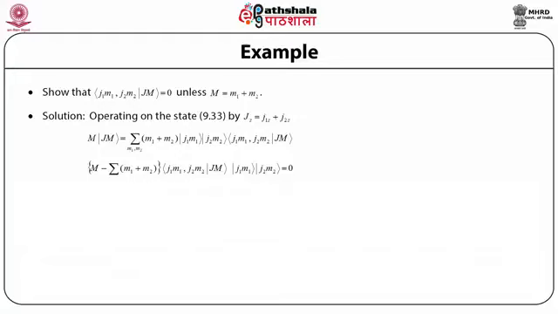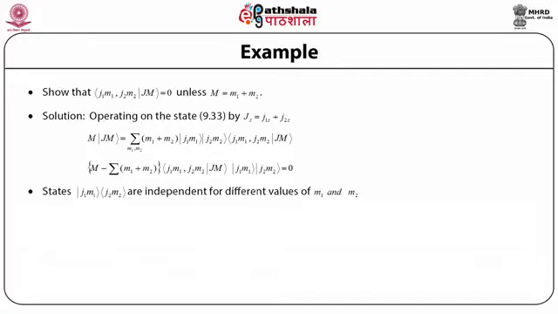Jz operating on this state gives M times |J, M>, which is equal to J1z operating on the state j1 and J2z operating on the state j2. Therefore M times the state |J, M> equals the sum of (m1 + m2) times the product states and the corresponding Clebsch-Gordan coefficients, summed over all values of m1 and m2, which gives us the following relation: the sum of (M minus m1 minus m2) multiplied by the Clebsch-Gordan coefficient and the state |j1, m1, j2, m2> is equal to 0.